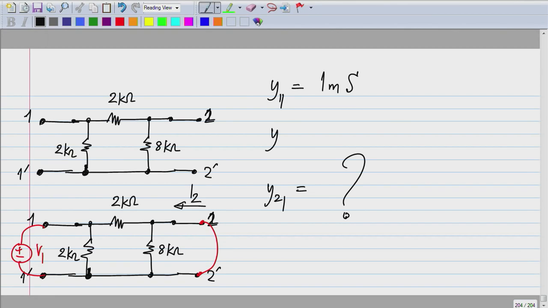By definition, that's how I1 and I2 are. What is the value of Y21? I need not only the correct magnitude but also the sign.